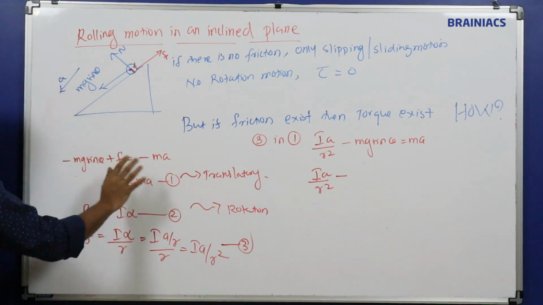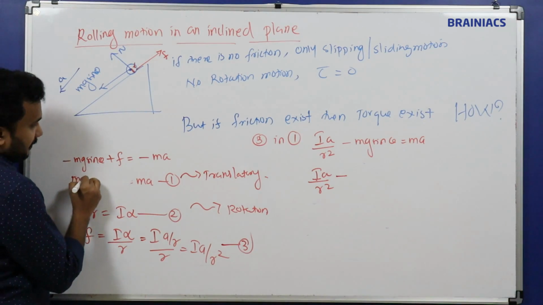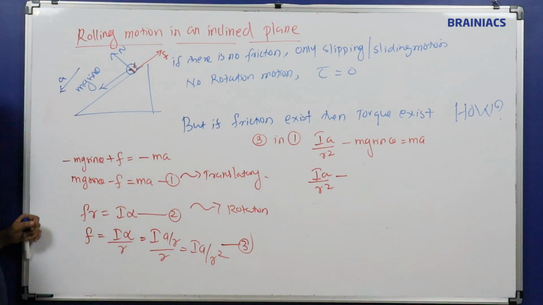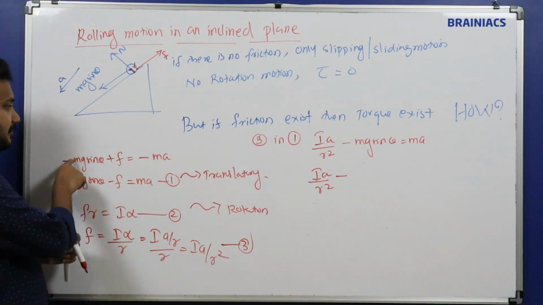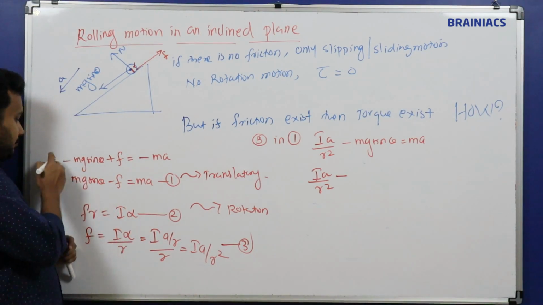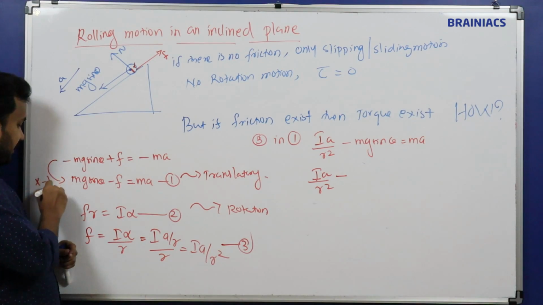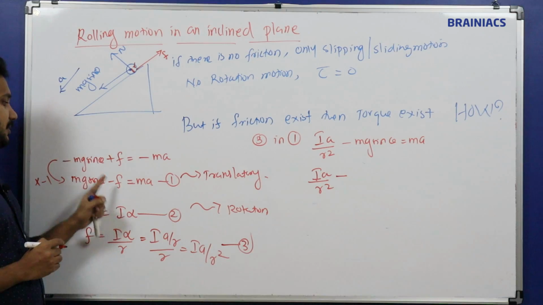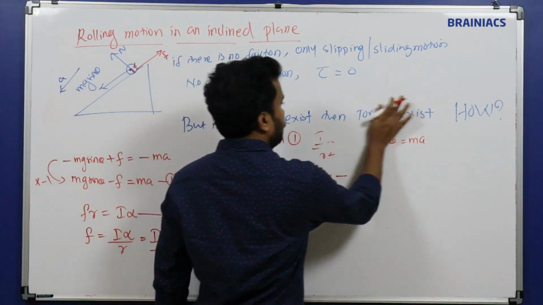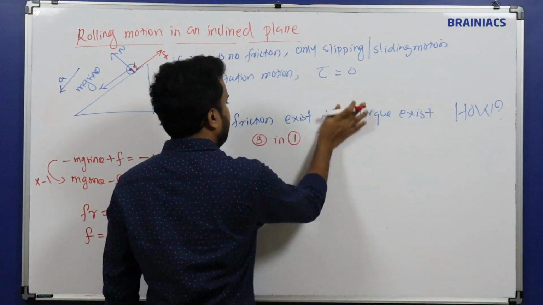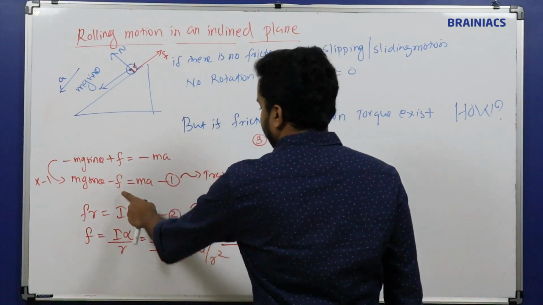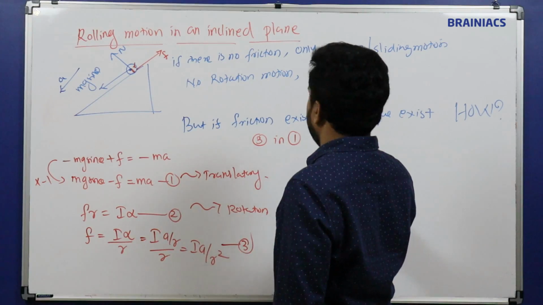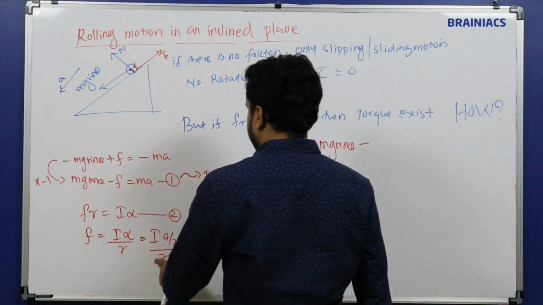So throughout I am multiplying with minus 1, so what should I get? mg sin theta minus F is equal to ma. Other mistake I made, right? This equation is multiplied with minus 1, so the equation I have to alter a little bit.